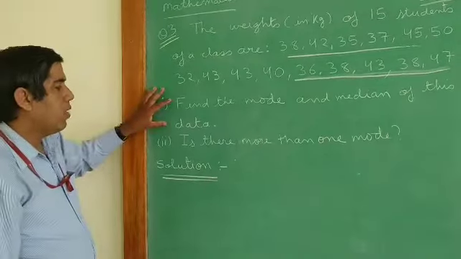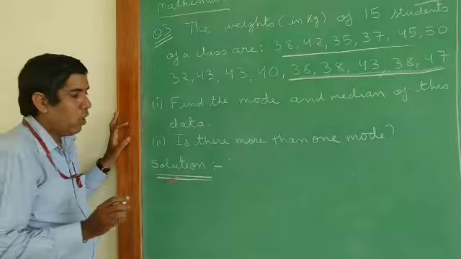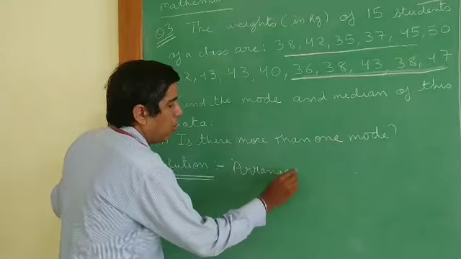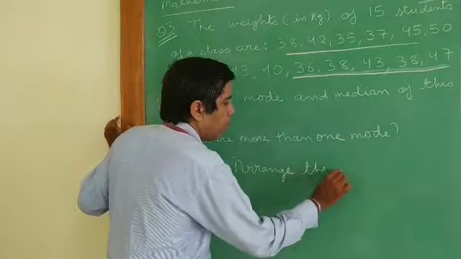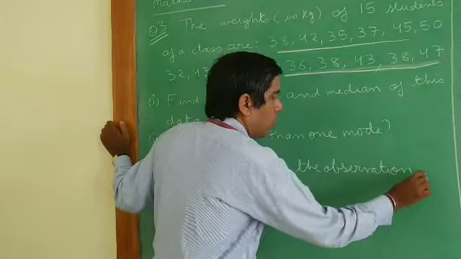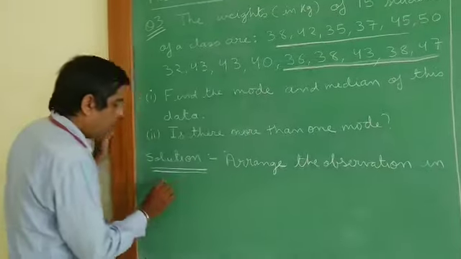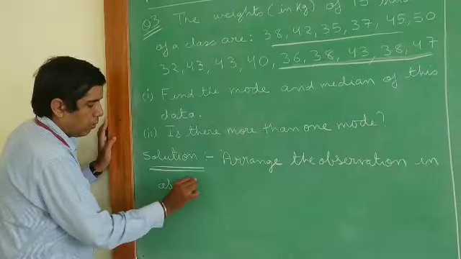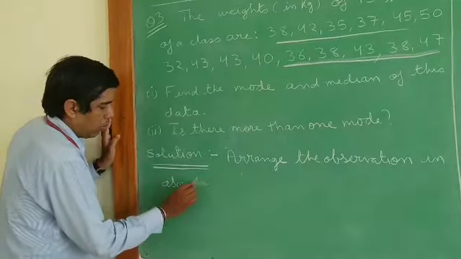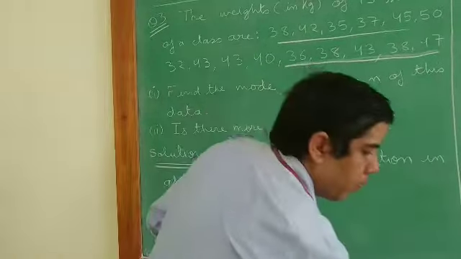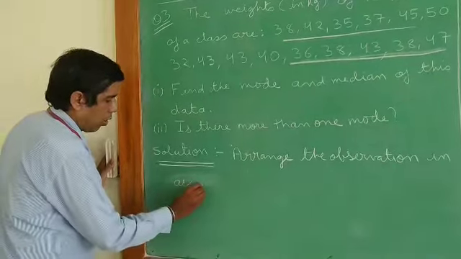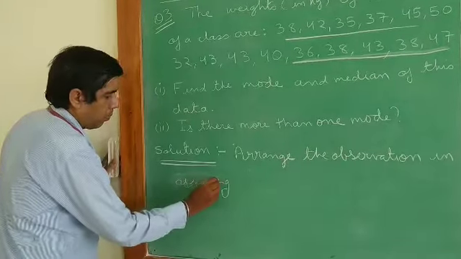Now find the mode and the median. So the first step we always do is arrange the observations in ascending order.